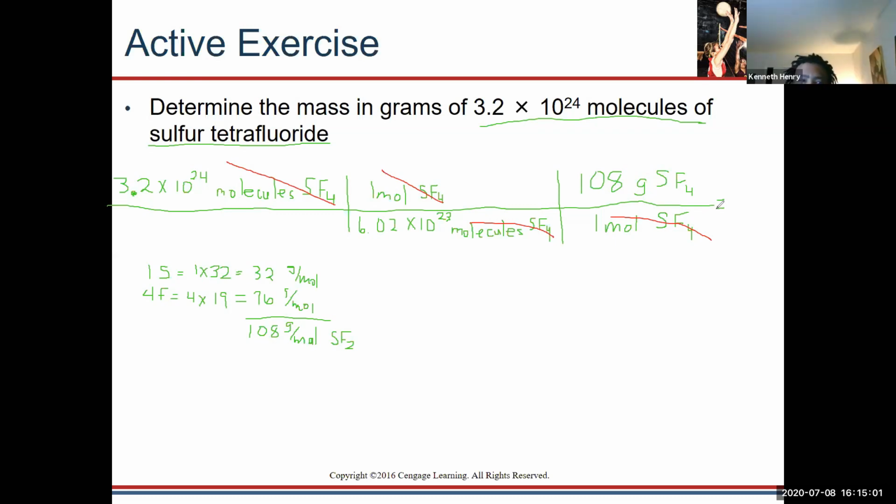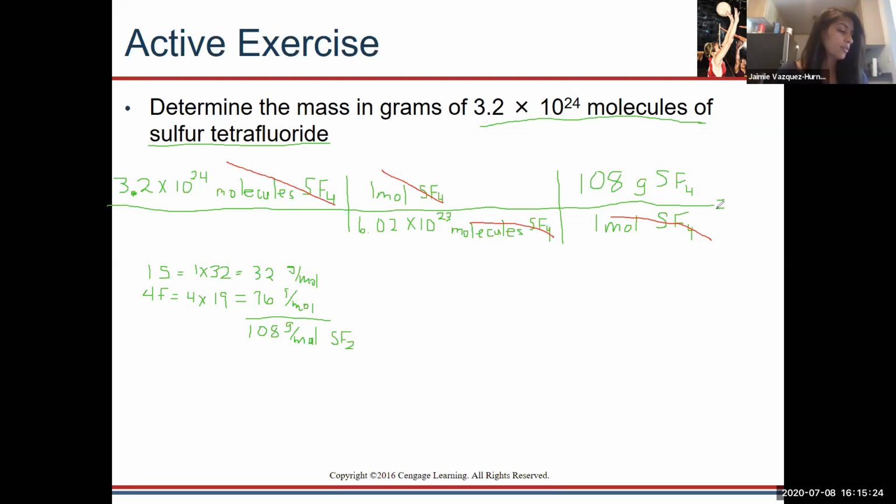This is going to equal 6.02, it's going to equal 5.57.